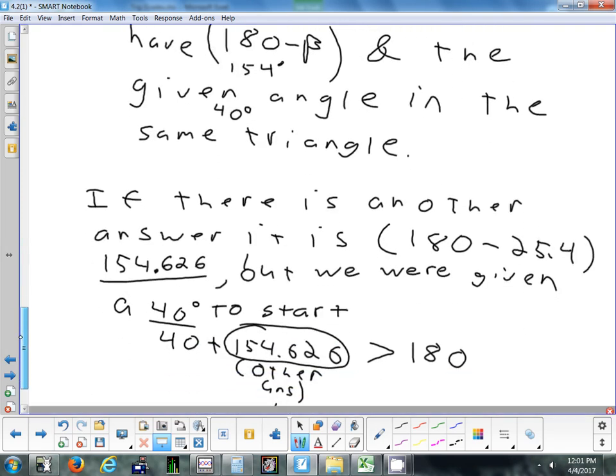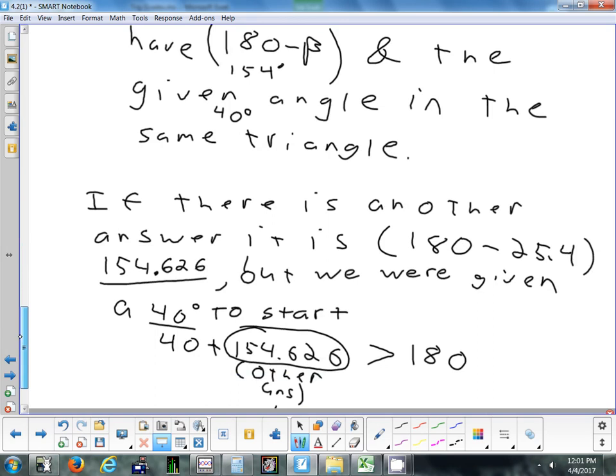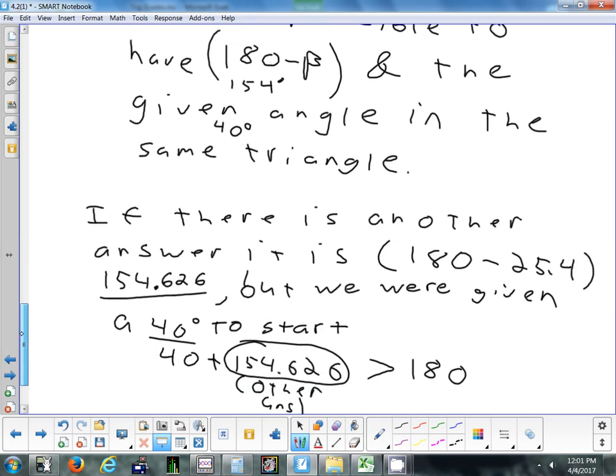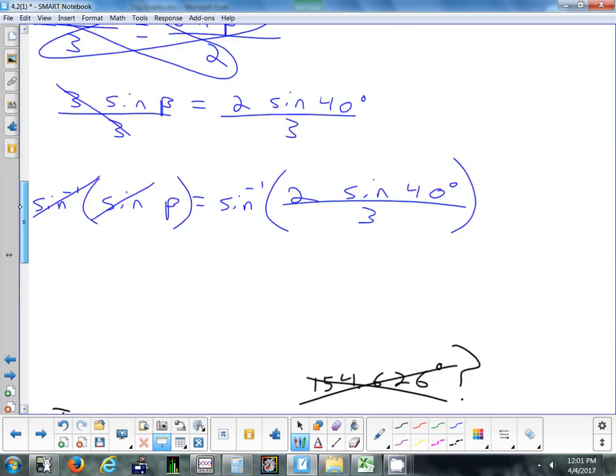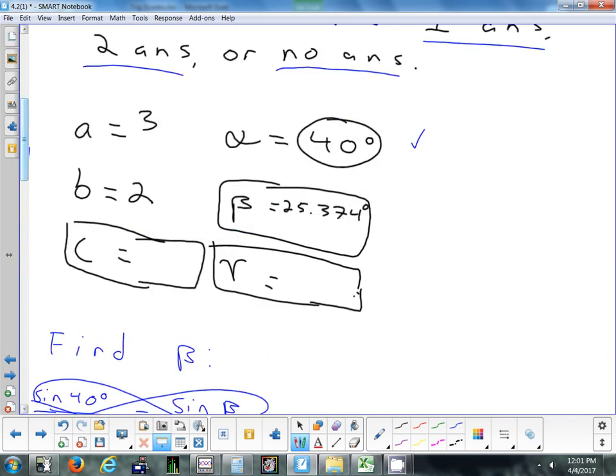There would be two answers for any one of those. If the answer had worked, then there would have been two answers in every box. Two answers for beta, I would have put 154. Two answers for gamma, two answers for C. If the second answer doesn't work, you don't have to worry about a second answer for anything.